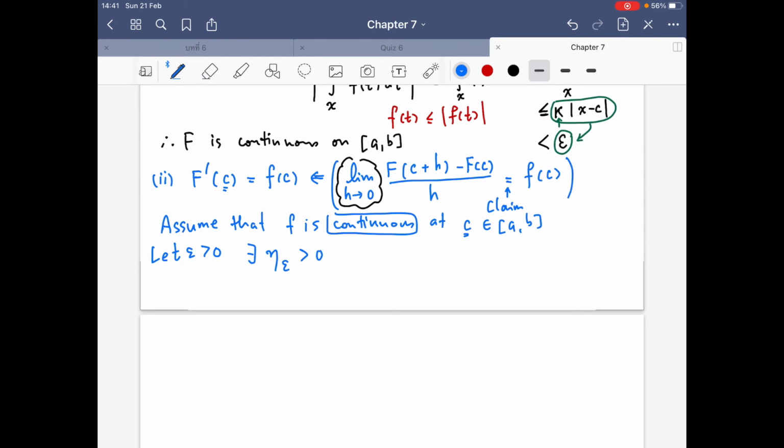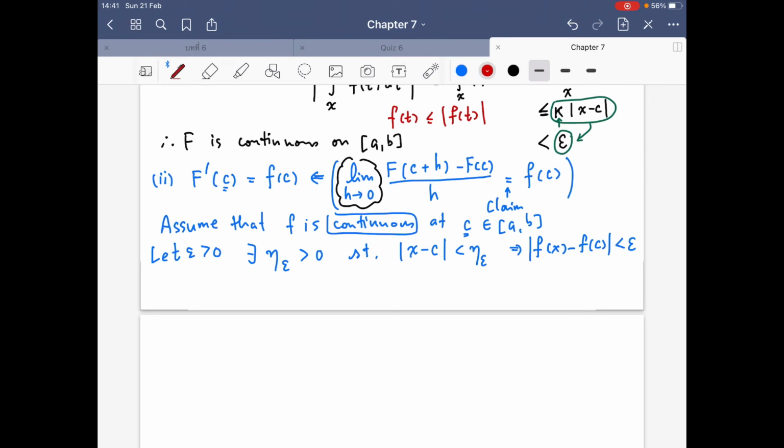So we use another one, the eta epsilon, such that if your x and c are not too far away, then your f of x and f of c also cannot be too far away. It will be less than epsilon.